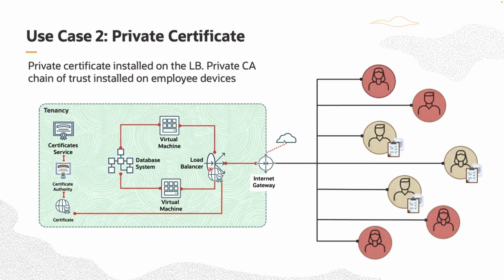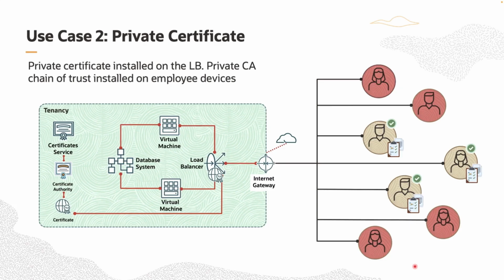So once a connection is requested, the certificate from the load balancer is loaded and verified against the chain of trust installed on your employee's device. In this way, the private certificate can be trusted within a specific group of users, providing a secure connection for internal transactions.